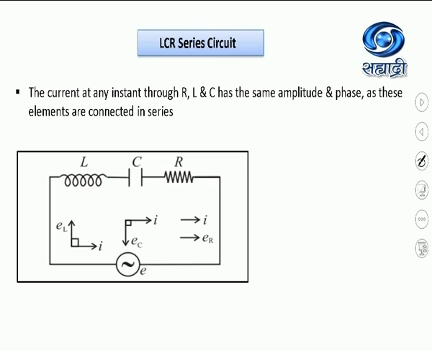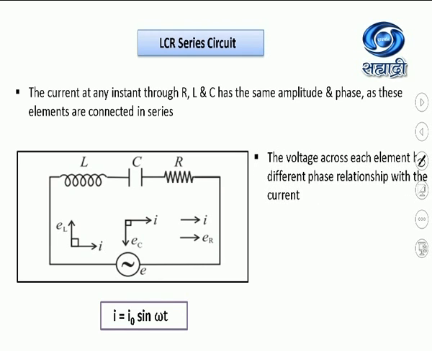Let us consider a diagram in which the source of alternating EMF is connected across the series combination of inductor whose self-inductance is L, capacitor whose capacitance is C and resistor whose resistance is R. Now let us consider the instantaneous current flowing through this series combination is given by the formula I equal to I naught sine omega t. So what is phase for the current? Omega t.